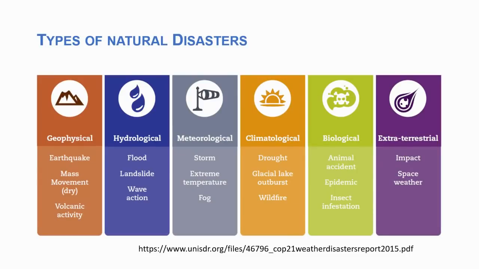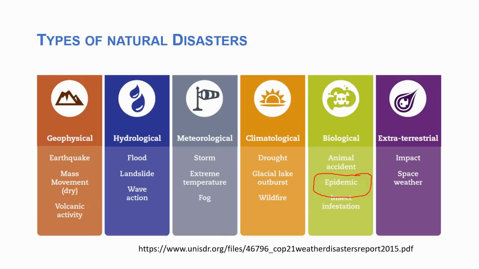So we have several types of natural disasters, and this diagram takes you through a classification of them, looking at geophysical, hydrologic, meteorologic, climatologic, biologic, and extraterrestrial. And so I'm just going to bring your attention to a couple of these. And one of them is an epidemic or a pandemic. And that's, of course, what we're experiencing right now with COVID-19.